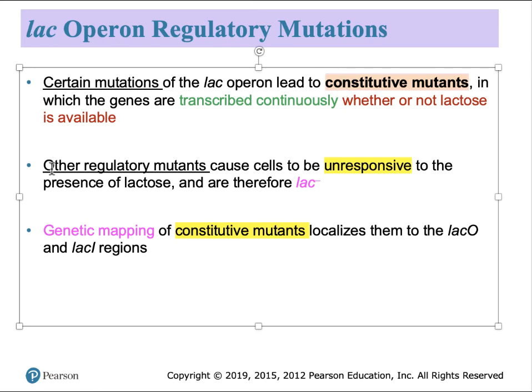Other mutations will affect the switches that determine whether the circuit should be on or off, and they can make the system unresponsive to the presence of lactose, and therefore they mimic the lac minus phenotype. Incidentally, genetic mapping techniques of constitutive mutants were instrumental in localizing the lac O and the lac I regions to these mutants.